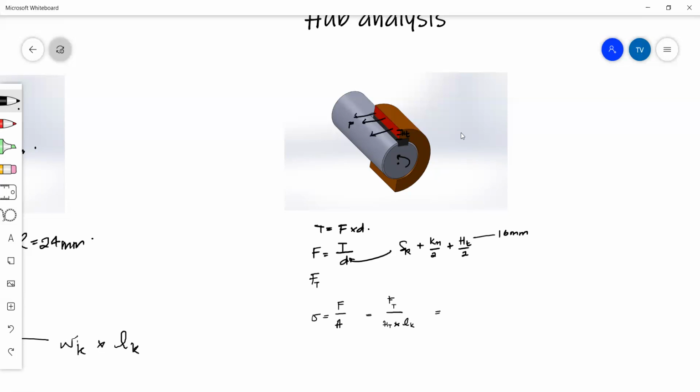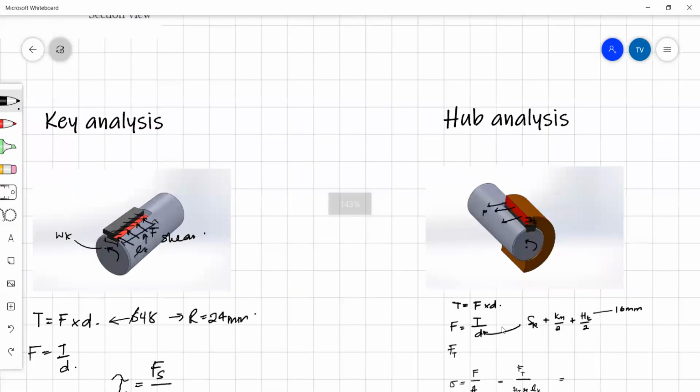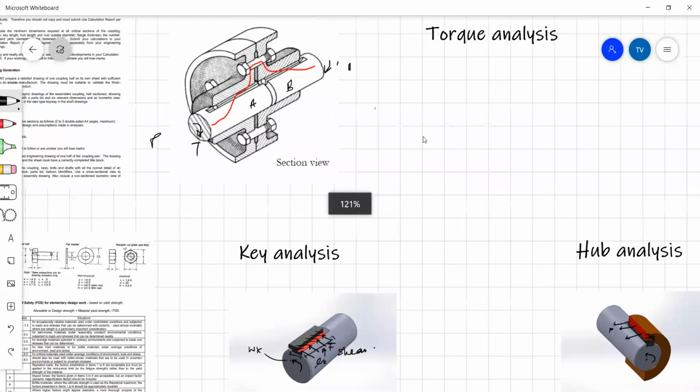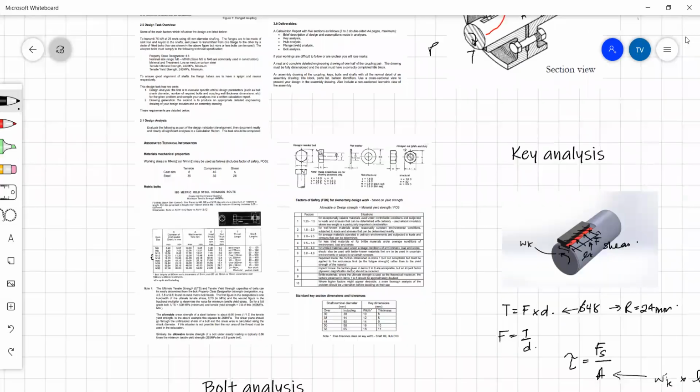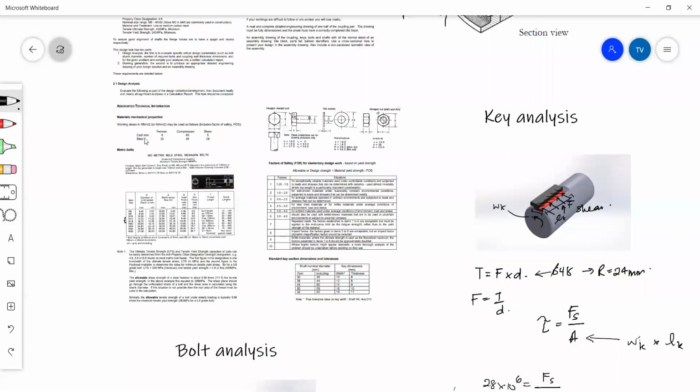Our normal stress value, or our tensile stress value, we can take from the data given to us. The information says that cast iron has a tensile strength of 8 megapascals. Remember, the hub is made out of cast iron.